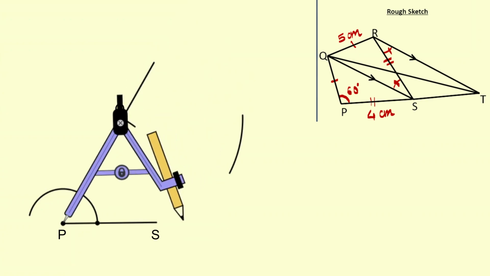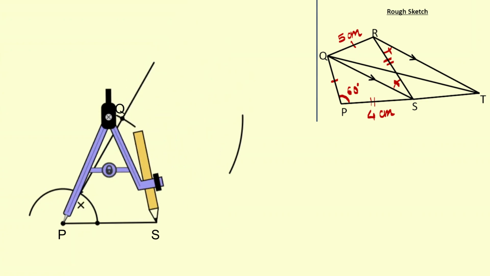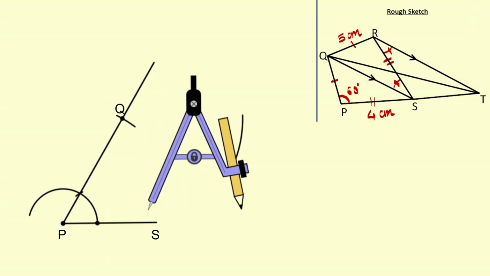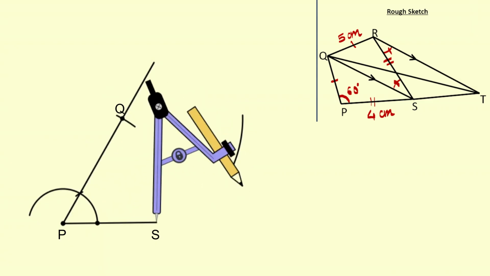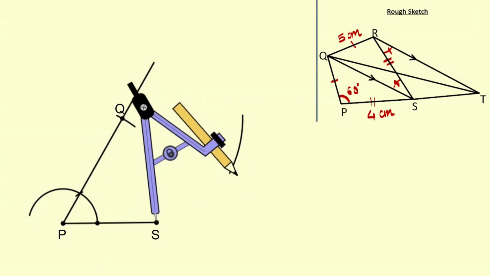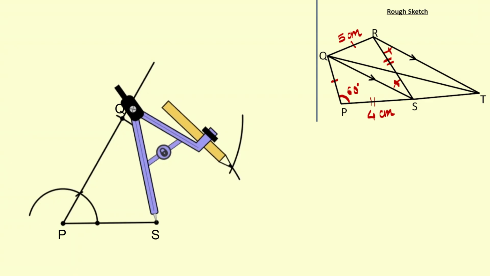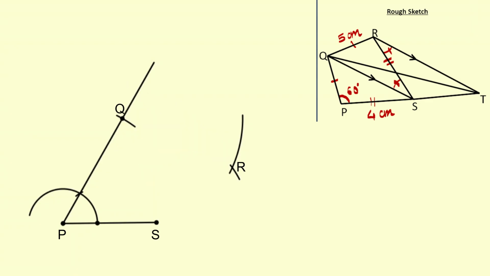So I'll make 4 centimeter arc radius in my compass. This line segment is 4 centimeter. As we have used our ruler to make this line segment, put my compass here and cut this arc. See? This is point R. Let me join these all. This point and this one and these two. Okay. This is the quadrilateral that we were seeking for, and this quadrilateral is PQRS.